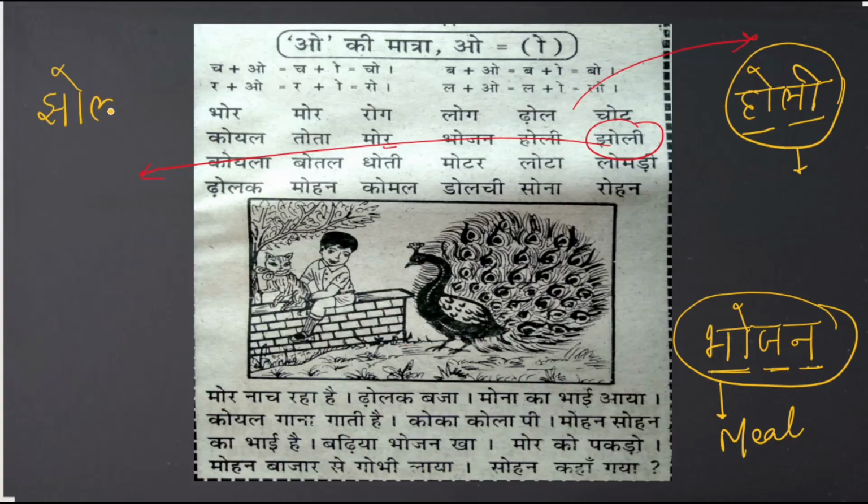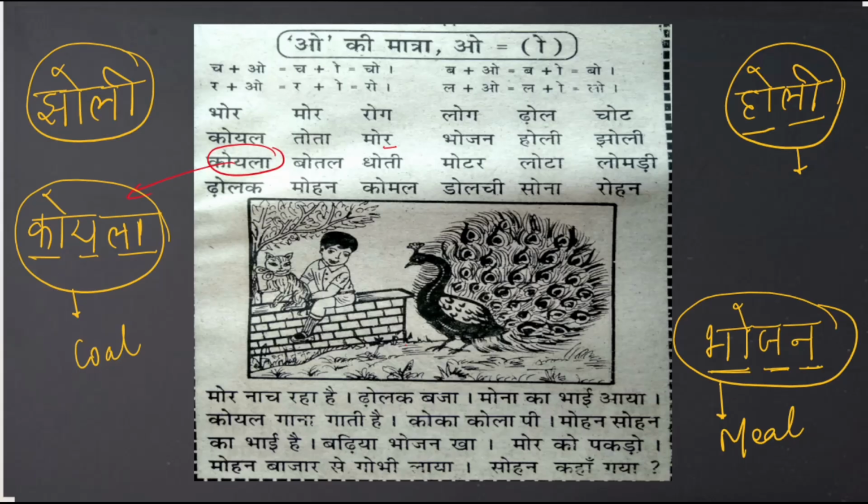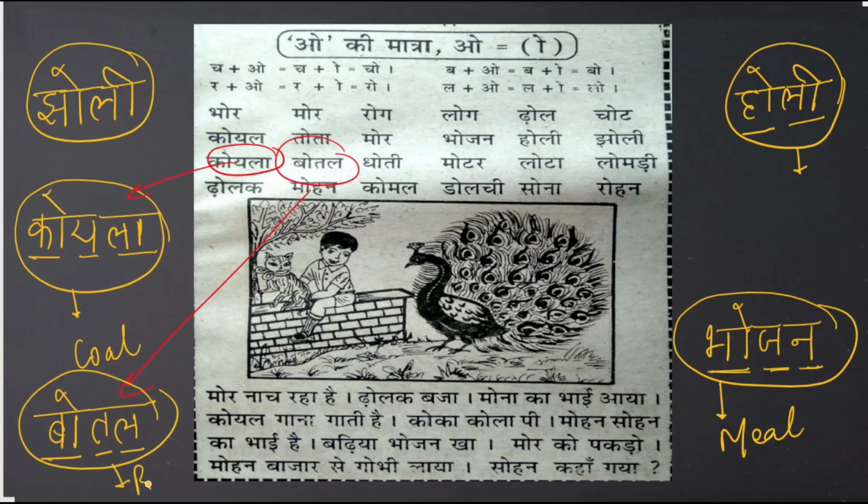Ja, the matra of O. This is la and this is the matra of badi e. Now it became joli. This is ka and this is the matra of O and this is ya and this is la, the matra of A. Now it became koyla, which means coal. Ta, the matra of O, ta, la. Now it became bottle, which means bottle in English.